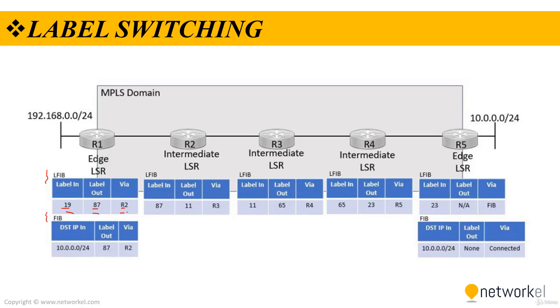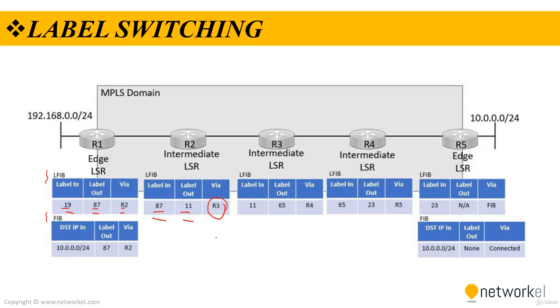When router 2 receives the packet with label 87, it examines the LFIB and notices that it must forward it with the label 11 and R3 as the next hop address, as you can see in here.